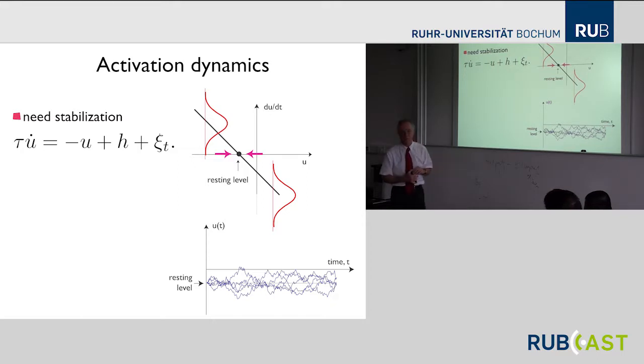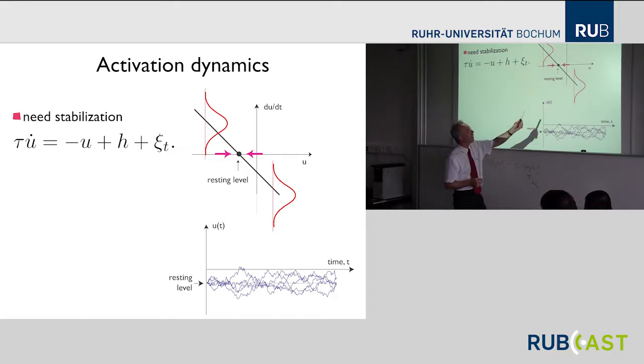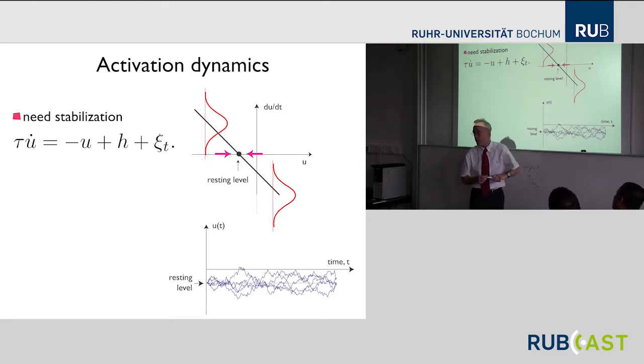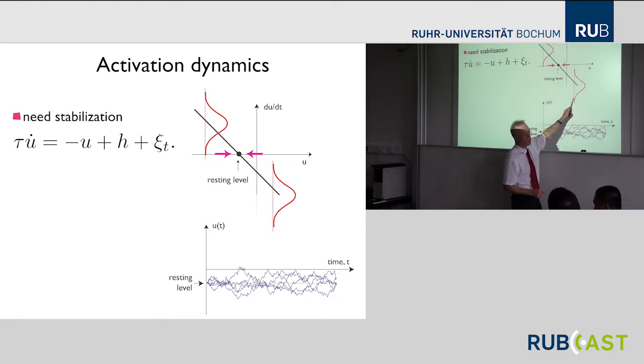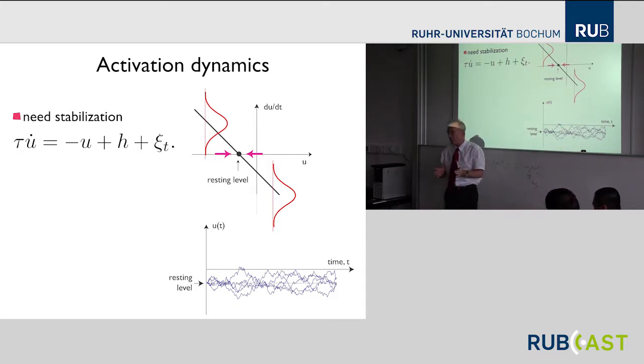And to limit that will mean that when we are already at a high level of activation, the probability distribution is not centered on 0, but centered on some negative rate of change. So that now it is more likely, if you already had a large value, that you now get a kick toward lower levels than toward higher levels. That will be a way of limiting that diffusion.